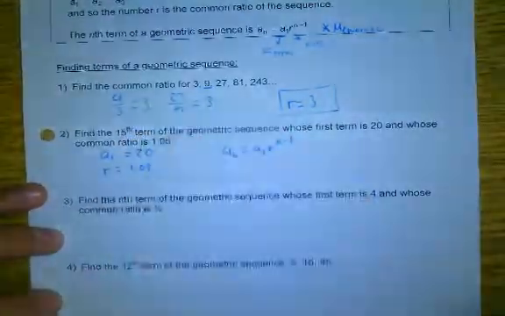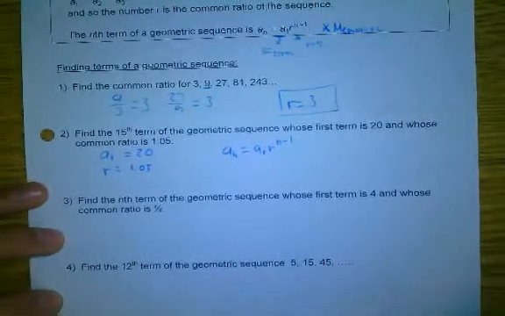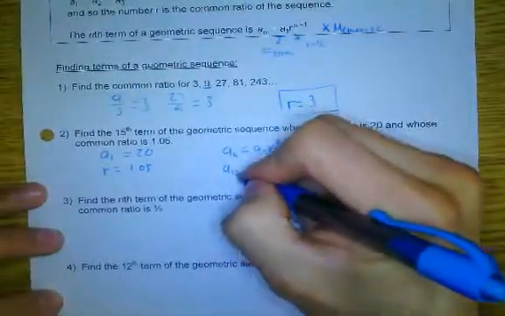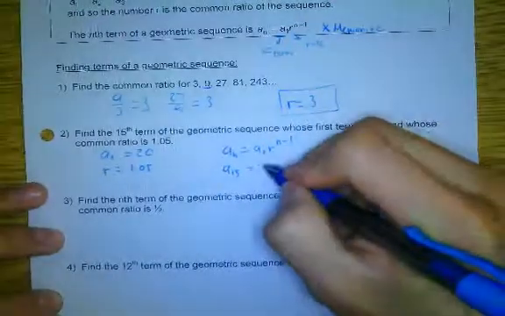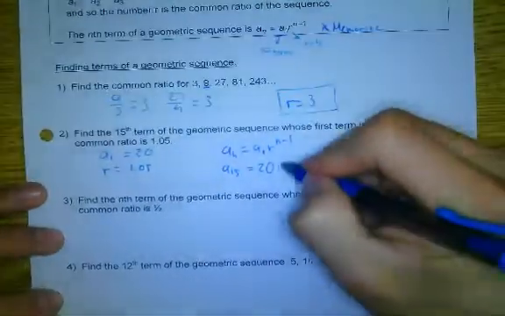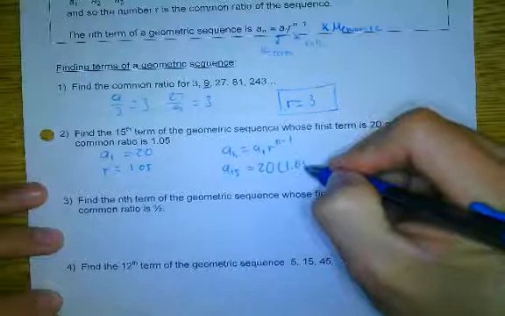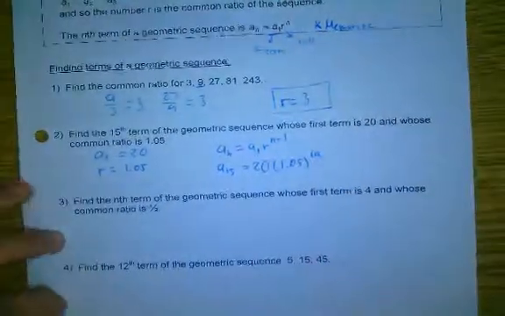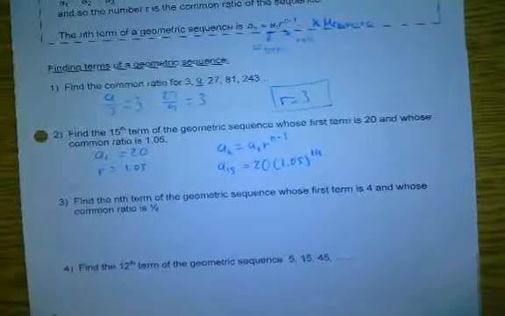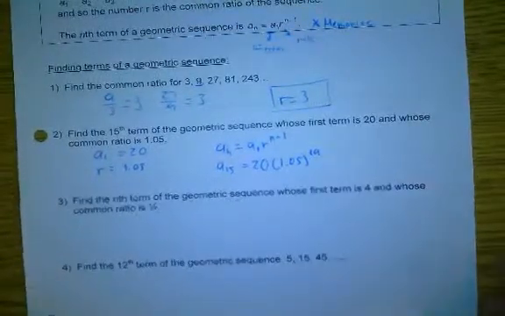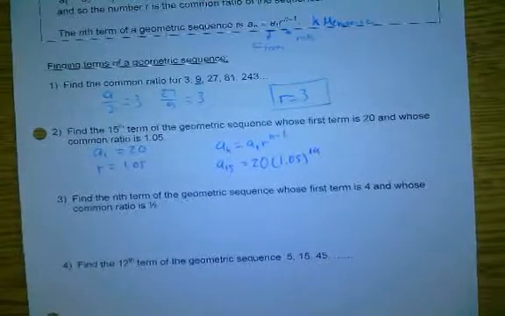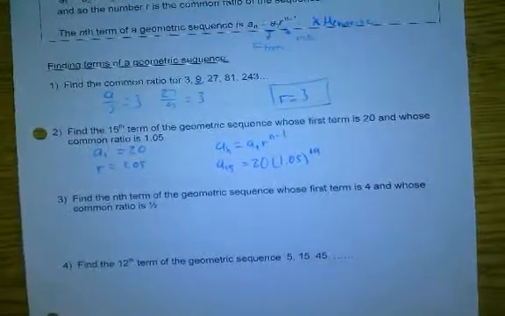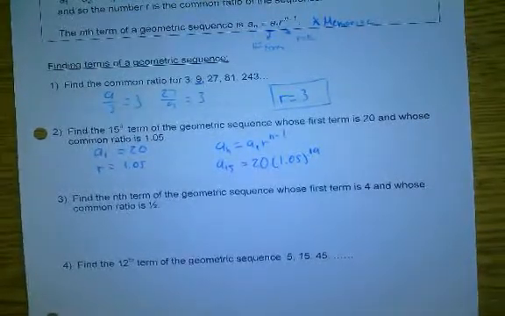So to find the 15th term, it's going to be A sub 15 equals A sub 1, which is 20, times your rate, 1.05, raised to the 19th power. Now, if I gave you such a problem, you would use the calculator. I don't expect you to know what 1.05 to the 19th power is off the top of your head.